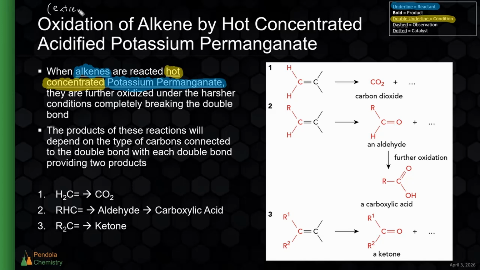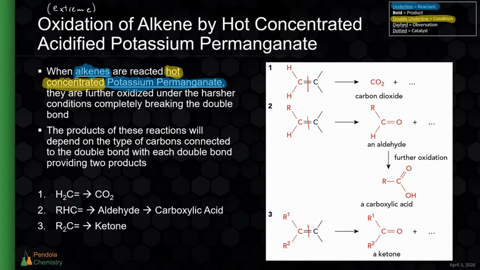Instead of only breaking the pi bond, it's going to completely break the double bond on the alkene. The products, because we're completely breaking the double bond and essentially attaching an oxygen to it, are going to vary depending on the type of carbons in the double bond.